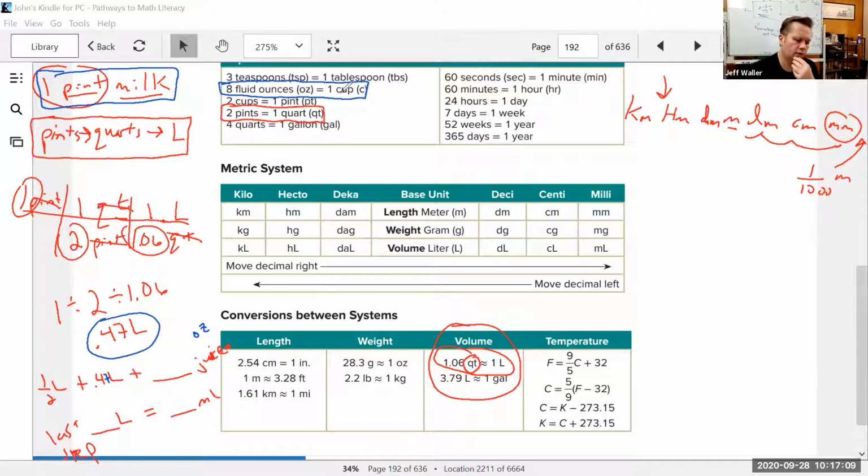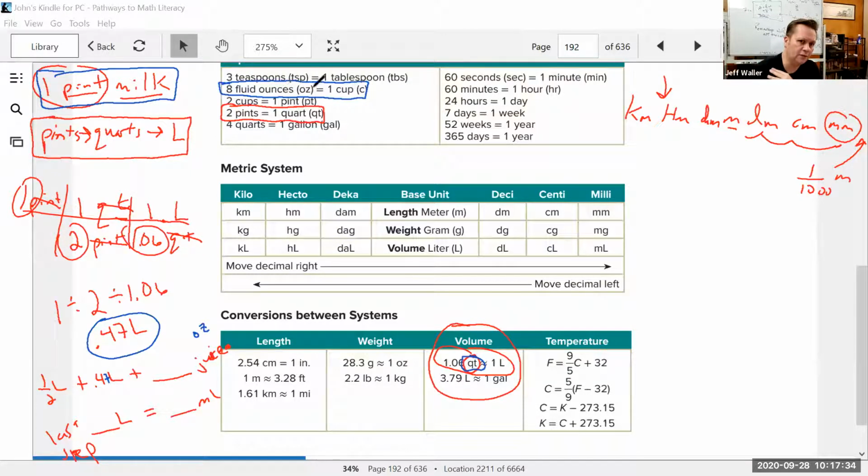Now watch, the whole thing about math is what's happening right now. You have to first figure out what approach you are going to take. So I can go from ounces to cups. Can I eventually follow a path that will get me to liters? What directly goes to liters? Quarts, the one we just did.